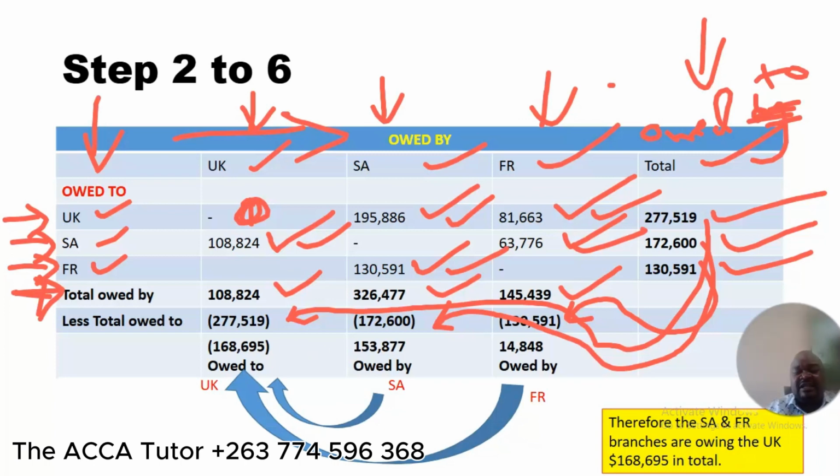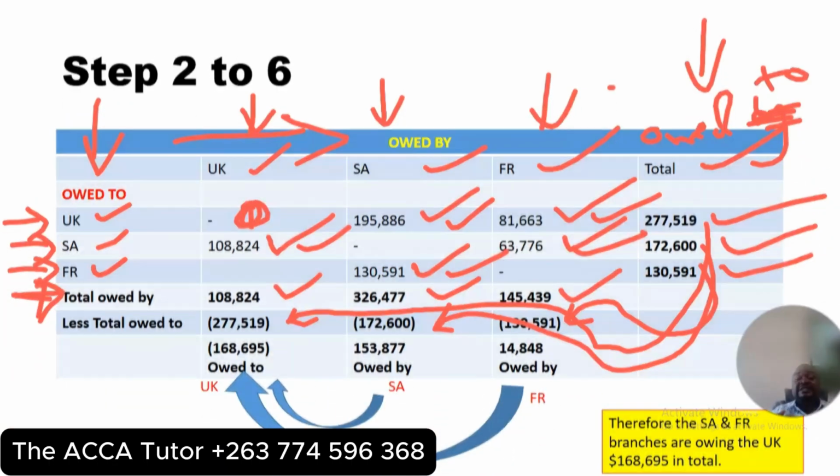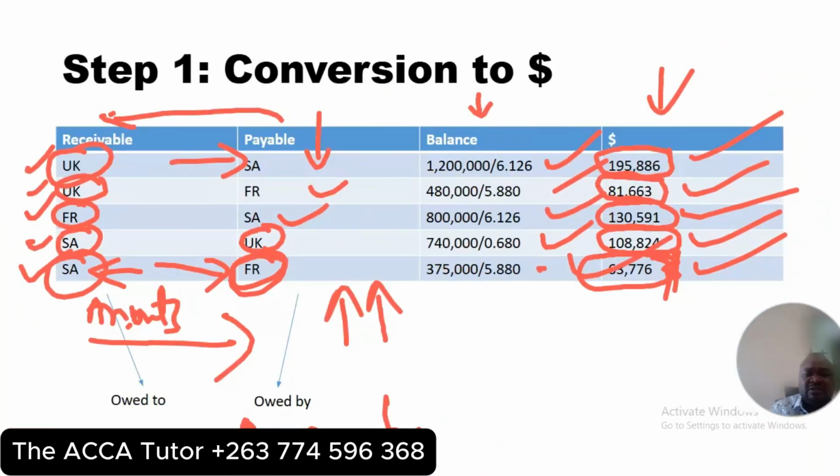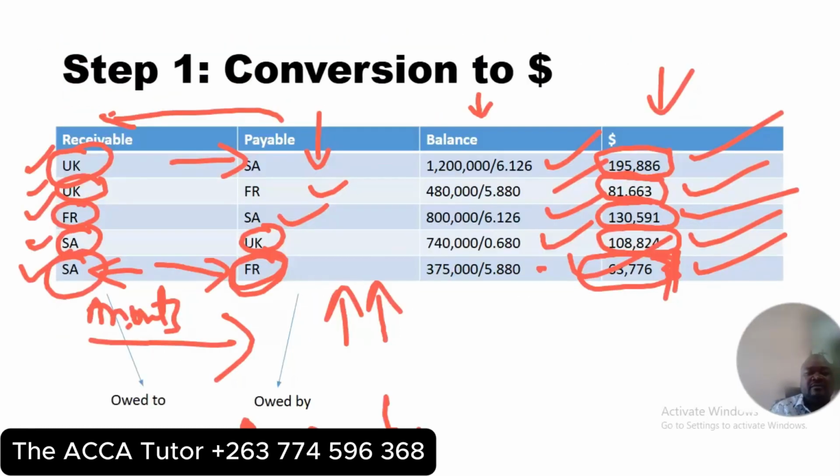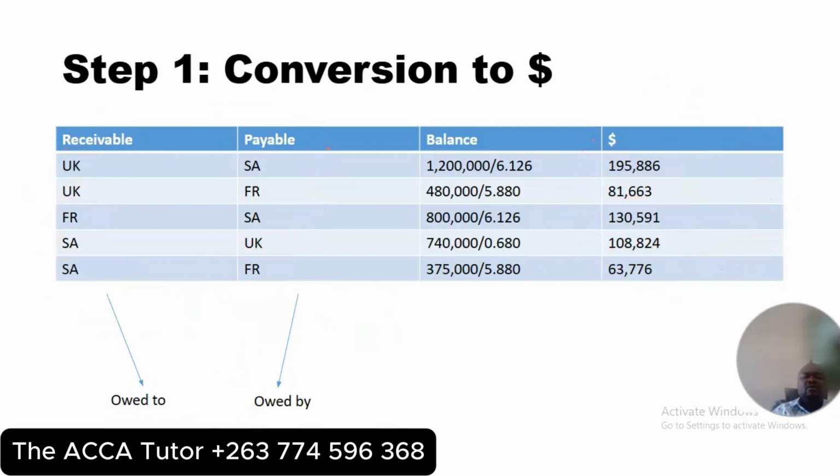By the end of the day, somebody might be asking, why are we subtracting the total owed to from the total owed by? Why are we putting brackets in the owed to when we had said that these ones were receivables? The owed to were receivables, so why are we subtracting them?